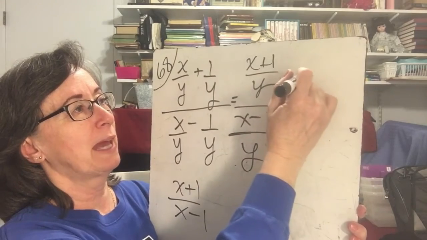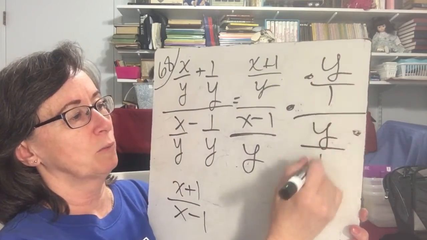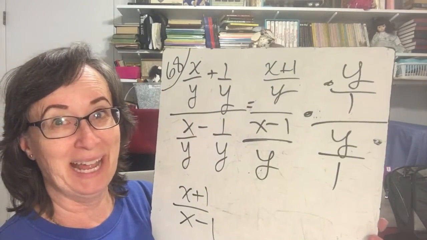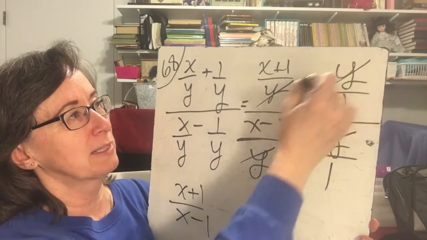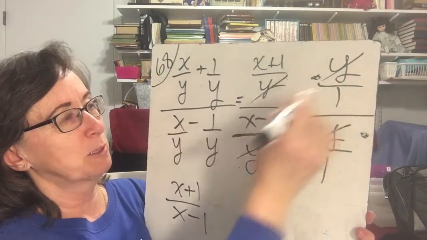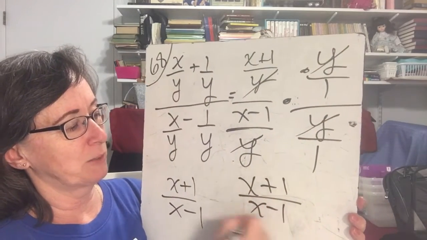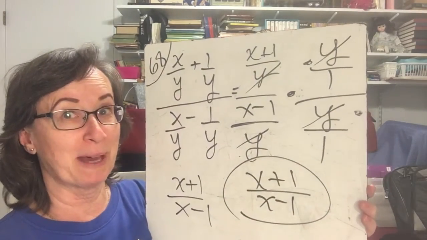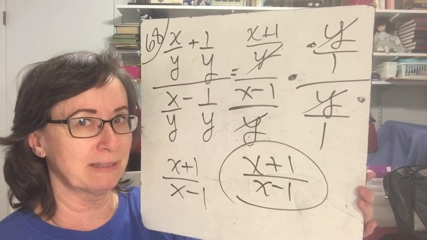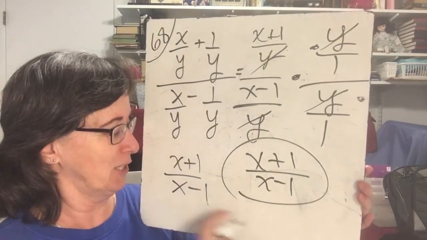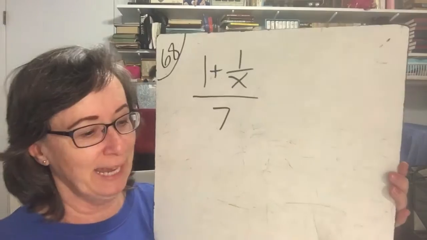What if I multiply times y over 1 over y over 1? What happens? The y cancels the y cancels the y, and I multiply and I get x plus 1 over x minus 1. That's the cool thing about math. As long as we are using correct principles, we will get the same answer even if we do a problem several different ways.